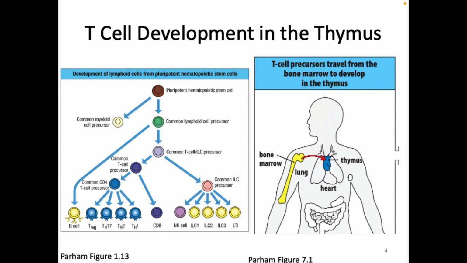So we're actually going to have a name for this cell that's doing this kind of rearrangement versus the name for a cell that's doing this kind of rearrangement. But in the big picture, the overall scheme of what's going on in T cell development is the same scheme that you've seen before.